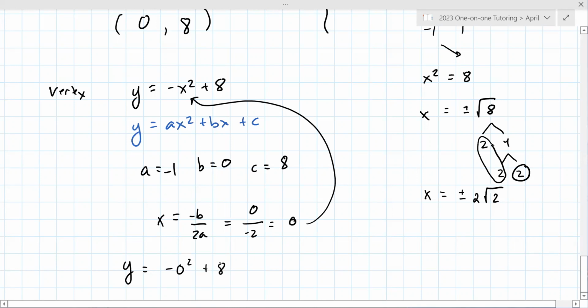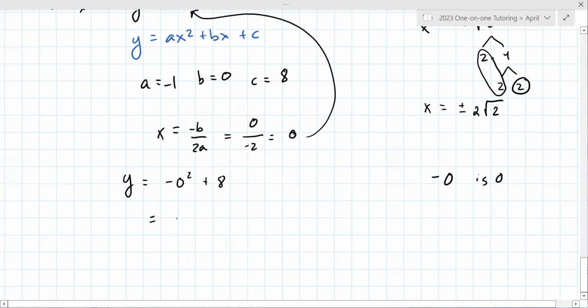What does that become? So order of operations, you square first. What's 0 squared? 0. And then you negate the 0. You don't see this very often, but -0 is 0. So this is 0 plus 8. What does that equal? 8.